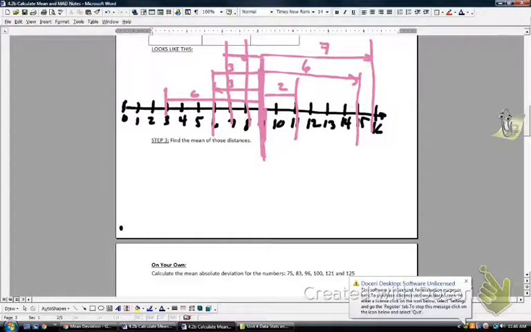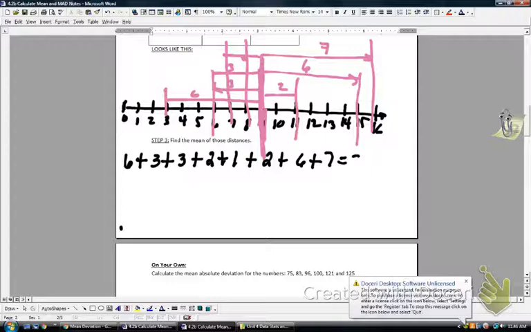All right, so step 3, look at the absolute value column, and then we're going to find the average of the absolute value column. So our absolute value column was 6 plus 3 plus 3 plus 2 plus 1 plus 2 plus 6 plus 7. Go ahead and add those up on your calculator.